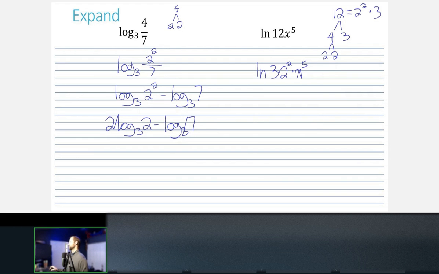Yes, and now we can expand it. Yeah, we can expand with addition. So what should we write? Multiplication becomes addition. Yeah, we're going to have three terms, natural log of 3 plus natural log of 2 squared plus natural log of x to the 5th. I agree.